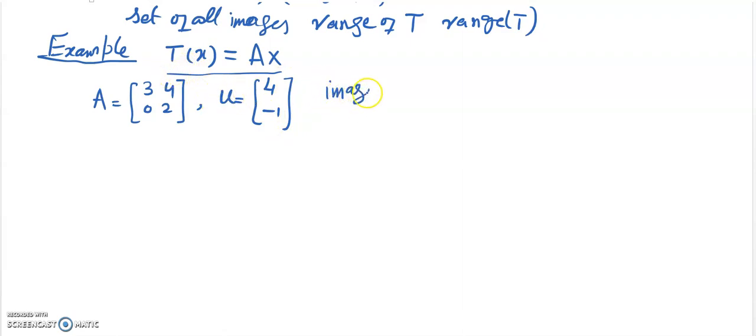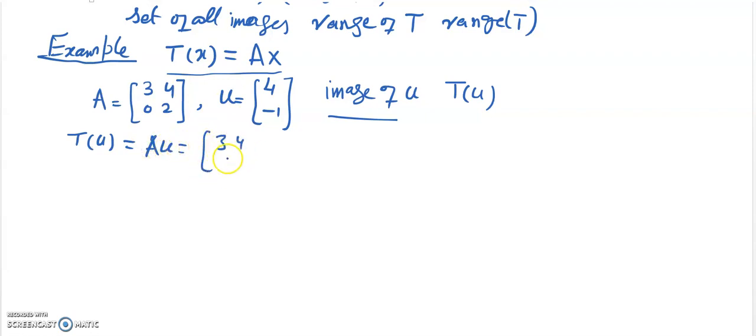The image of u is nothing but the transformation of u. In this definition, u will replace x, so T of u will be equal to A times u, where A is 3 4 0 2.